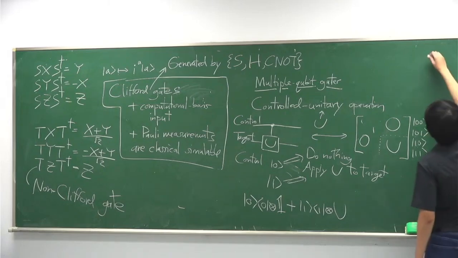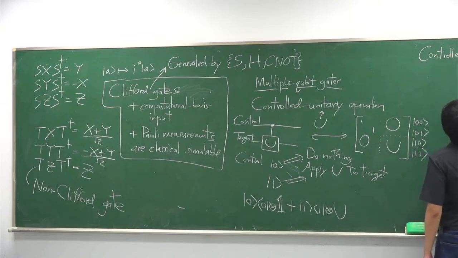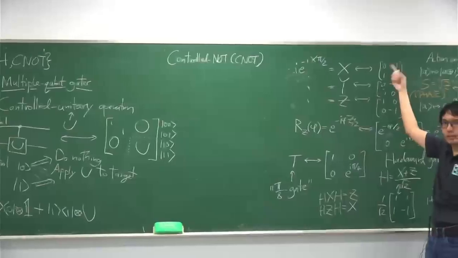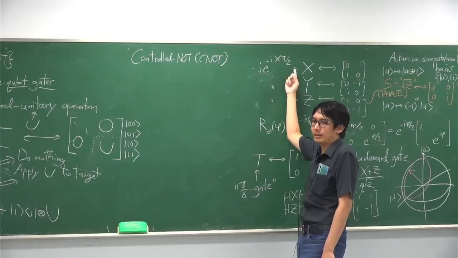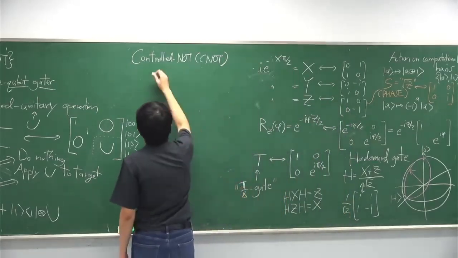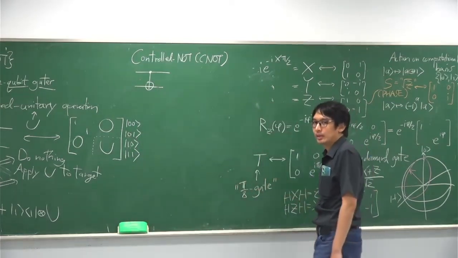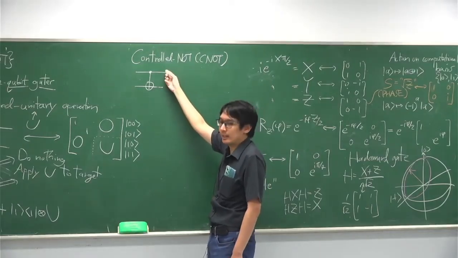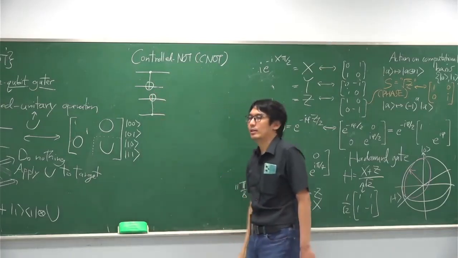The famous one is, of course, the C not gate, control not. Here U refers to Pauli X, because it flips the value of the qubit. If you think of this as a classical logic gate, X is not. Control not has this graphical representation where the first qubit is the control qubit. If you want to switch the control and target, I would just draw the line up from the second wire.